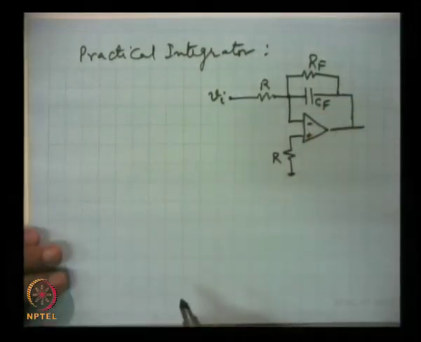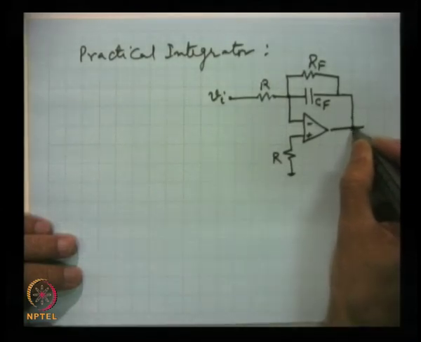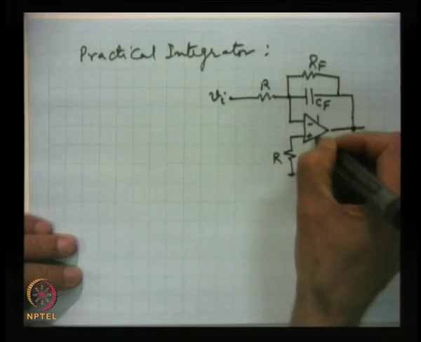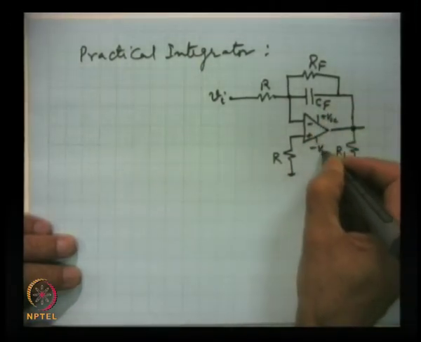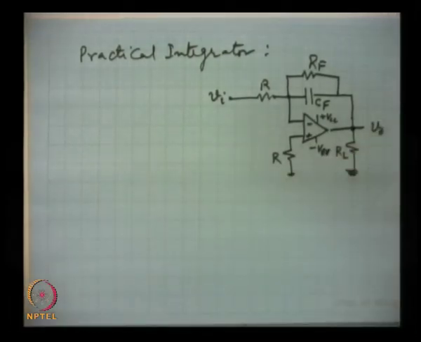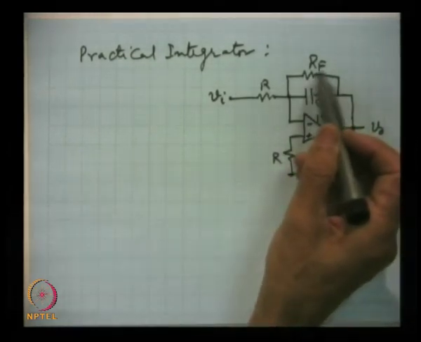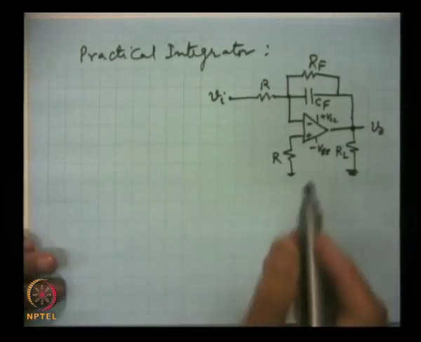CF is that capacitor, and V0 we take here.